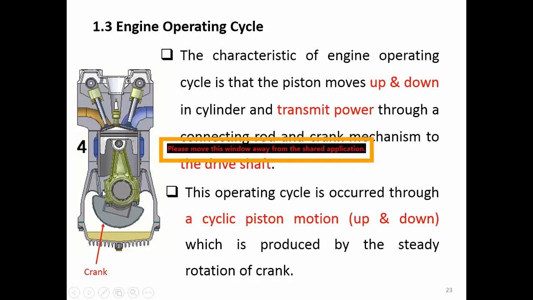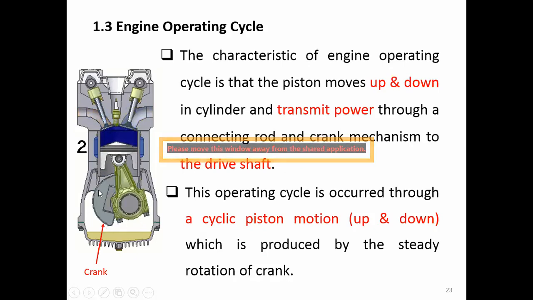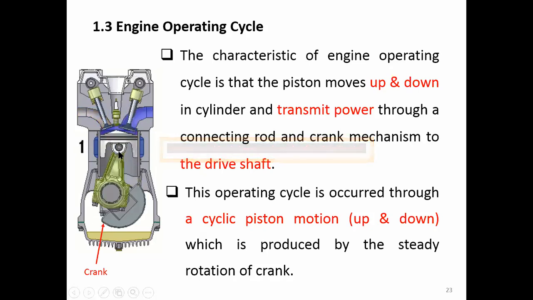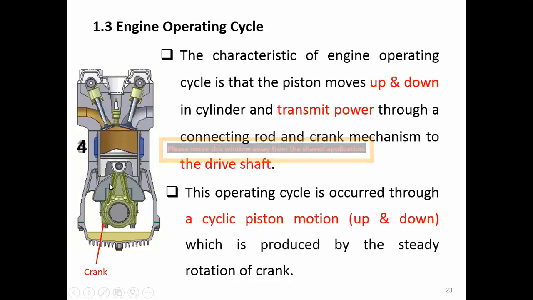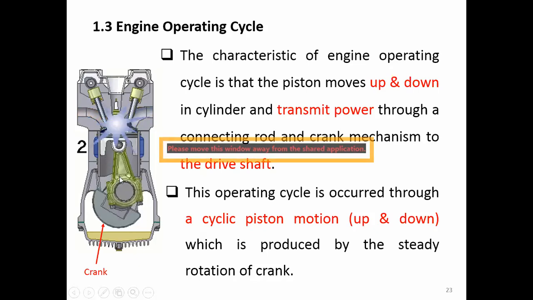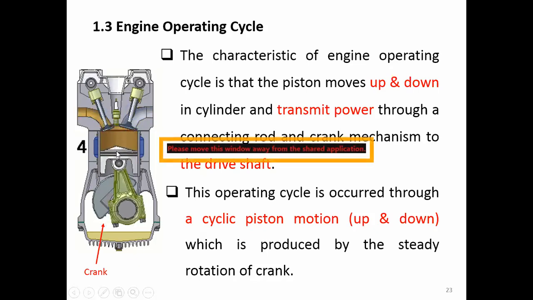That's why our shaft needs to have a crank attached on it. Without this crank, our piston will not have steady motion. So this crank is to balance the motion of the piston when it moves up and down within the cylinder.